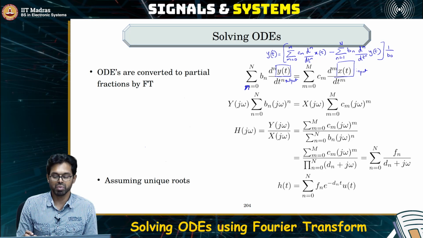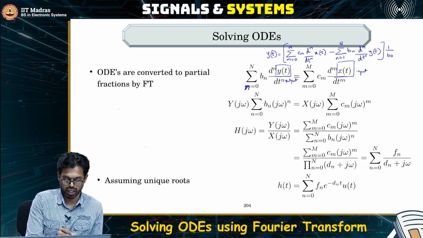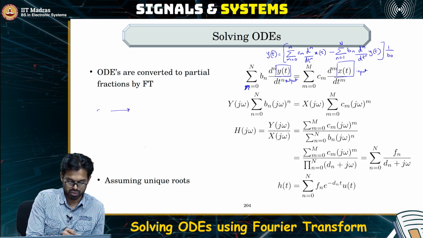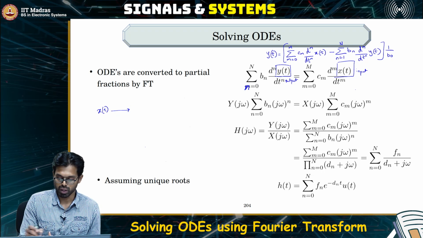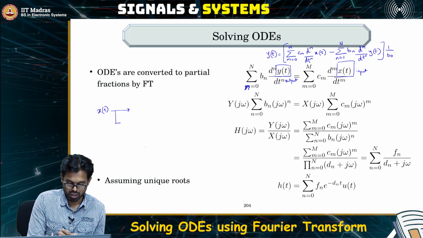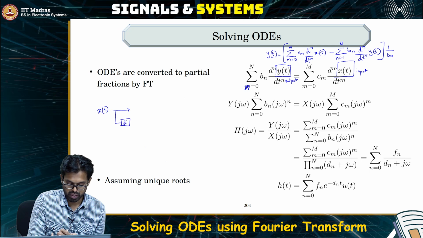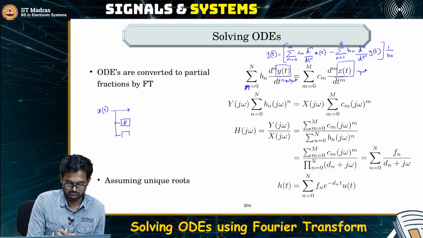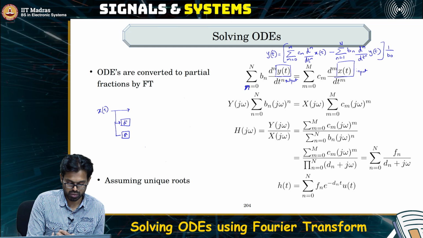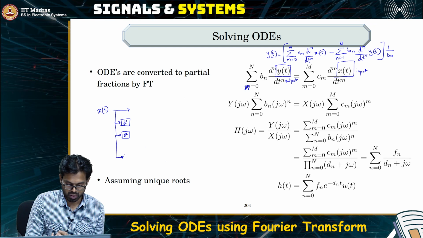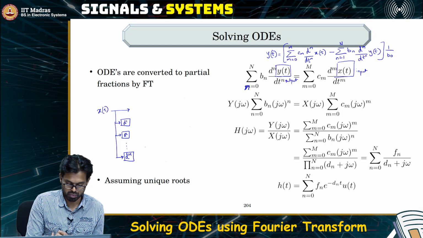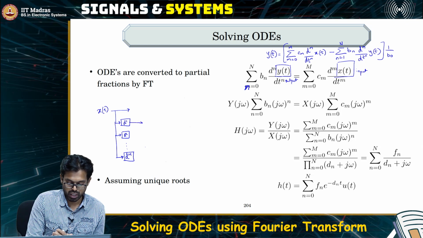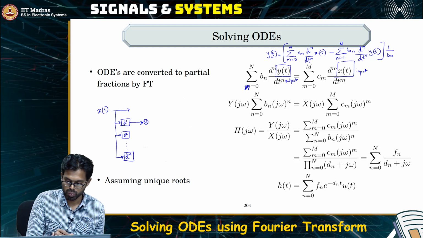In other words, if we want to visualize how such a system would look, basically there is an input x of t, and that input is taken through multiple derivatives. You take the first order derivative, you take the second order derivative, and so on up until the Mth order derivative, and then you scale them with constants.